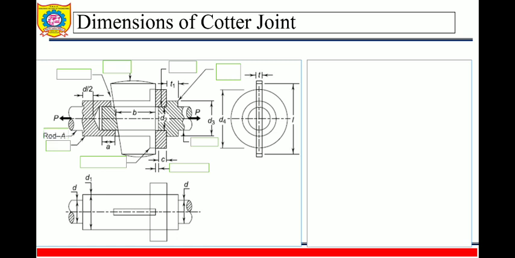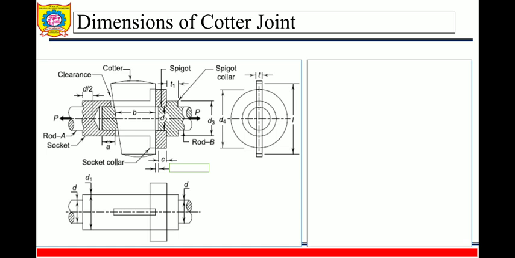The first element is rod A. You can see here rod A, on which force P is acting. Next is rod B, then cotter, then spigot, then socket, then socket collar, spigot collar.